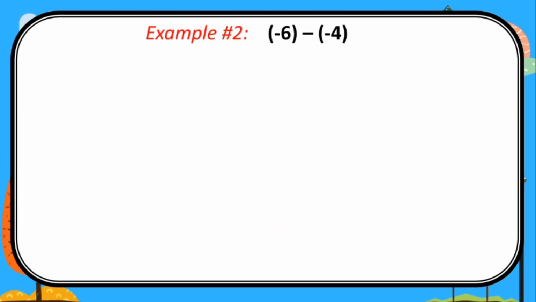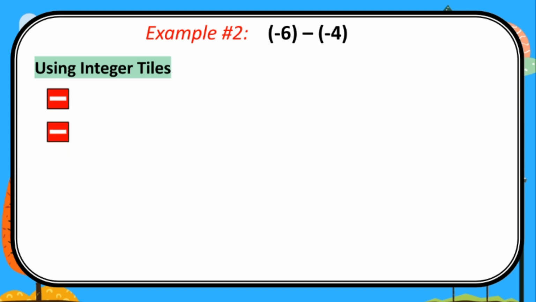Example number 2. Negative 6 minus negative 4. So, pareho silang negative. Same sign din sila. Using integer tiles. Since negative ang ating given, kailangan natin ng red or negative tiles. So, para sa negative 6, kailangan natin ng 6. So, we have 1, 2, 3, 4, 5, and 6.